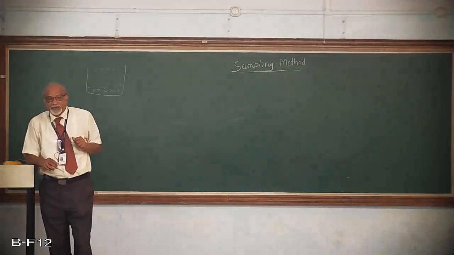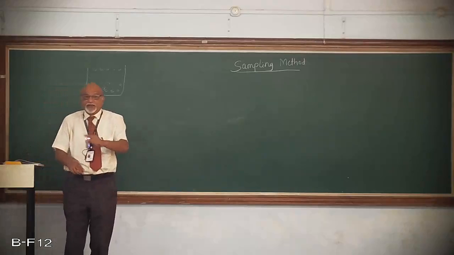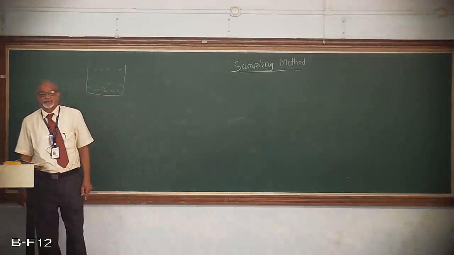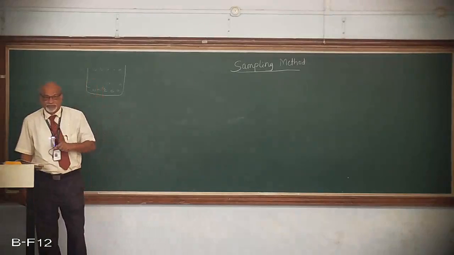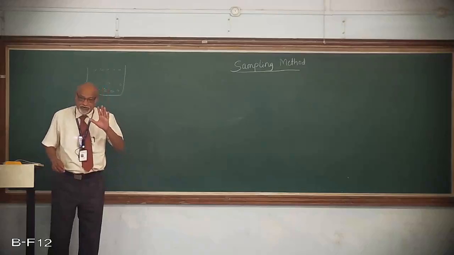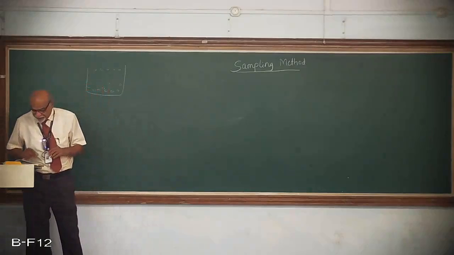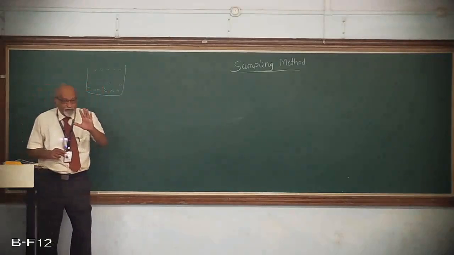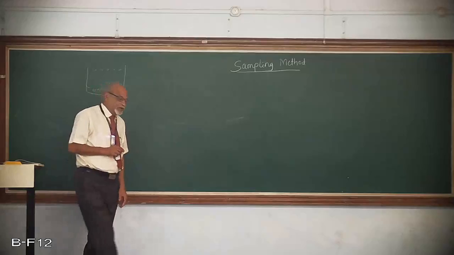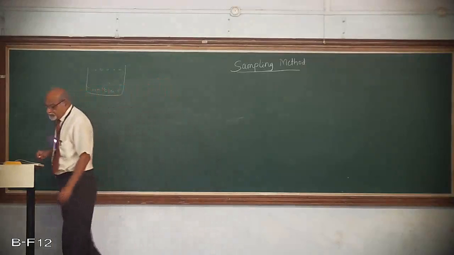I told you at the first that it should be random. The success of a sampling scheme depends on these factors. One, as I told you, is the randomness of the samples.